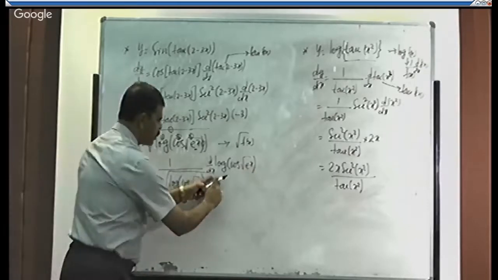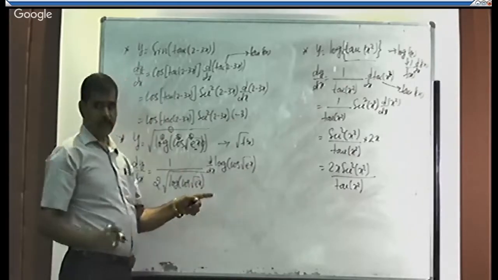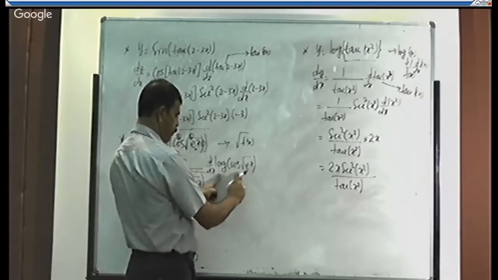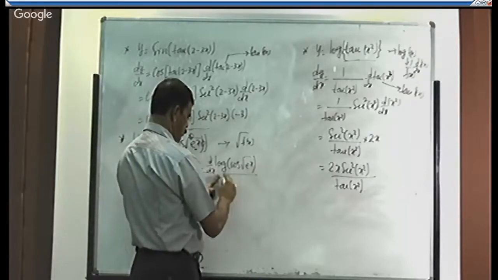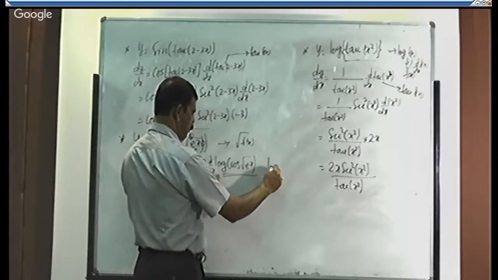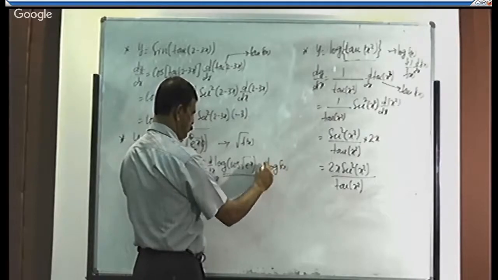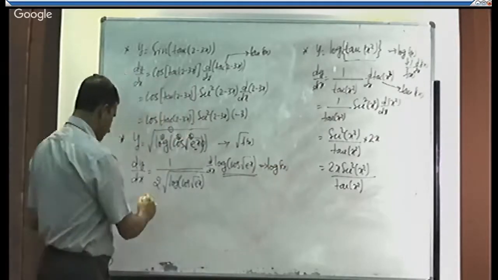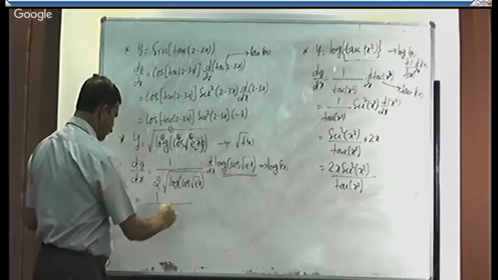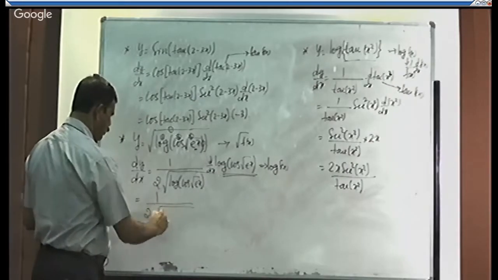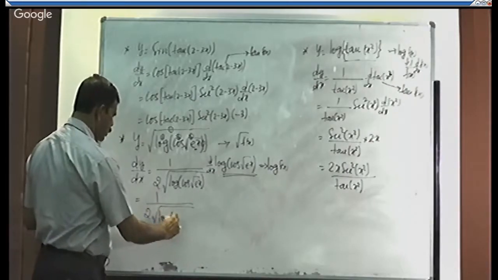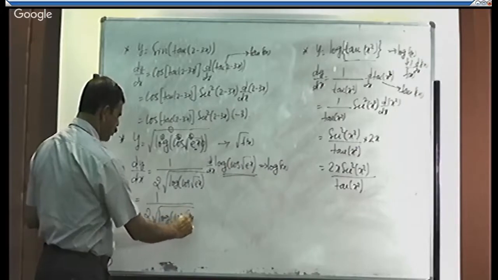Now the differentiating term. It is of what form? It is of log of function form, correct? Hence, this will be kept as it is: 1 by 2 root of log of cos of root of e power x.